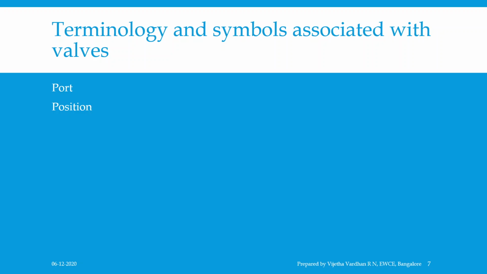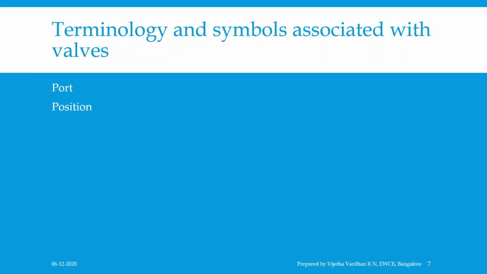The possible number of positions in a valve is used to designate the number of positions of the valve. For example, in the previous term, the valve designated by M by N, M was the number of ports and N was the number of positions. For instance, 4 by 2 valve refers to 4 ports and 2 positions.